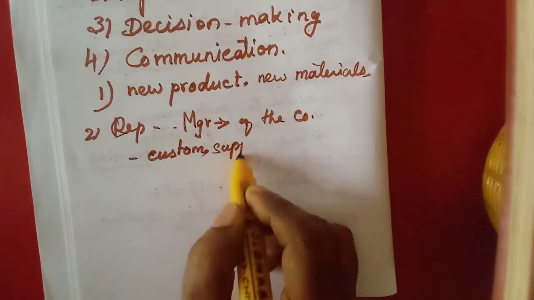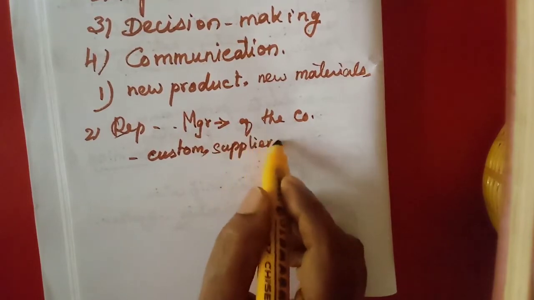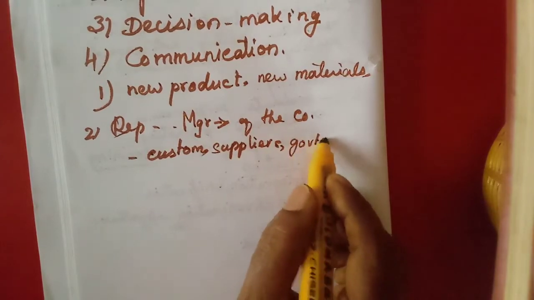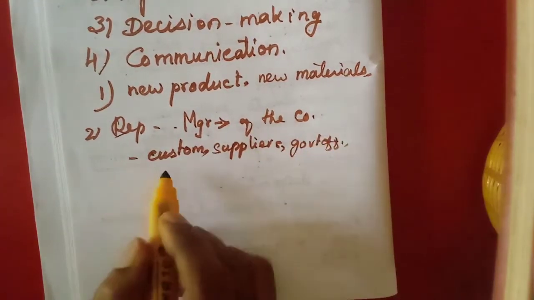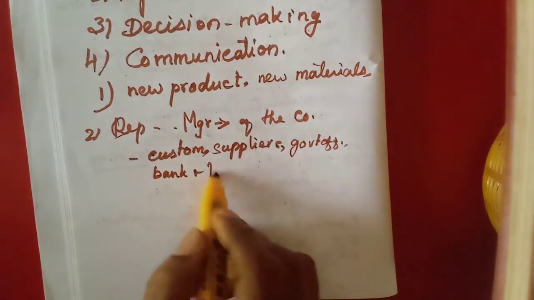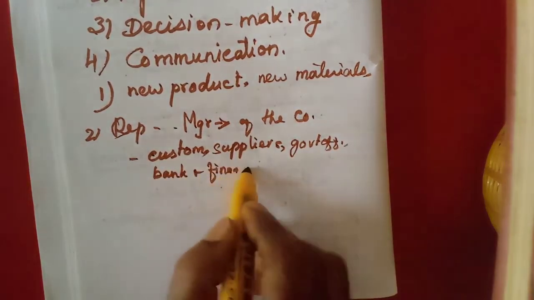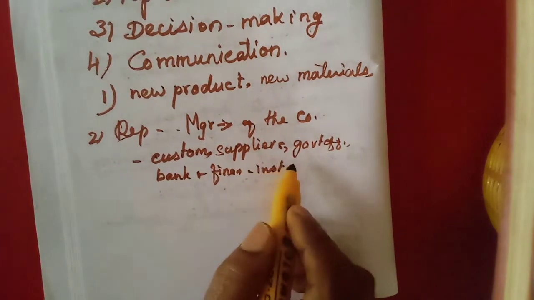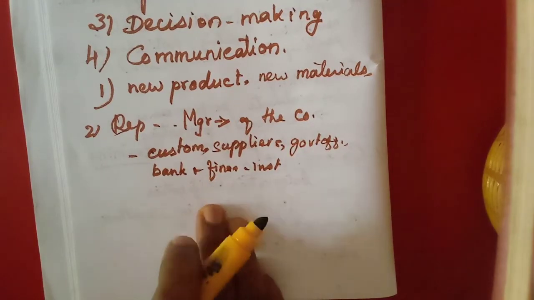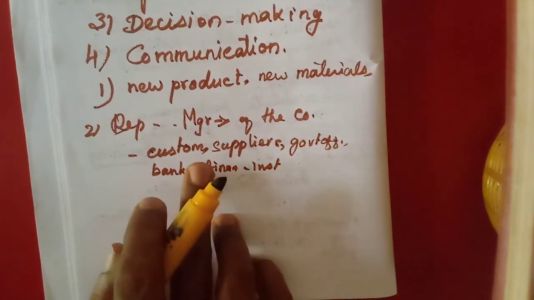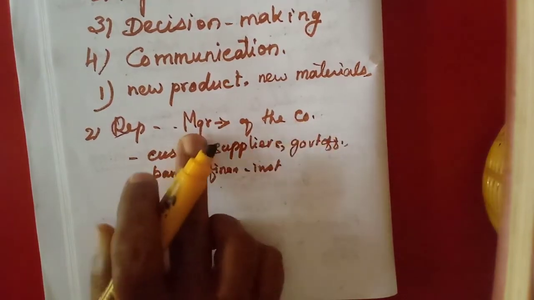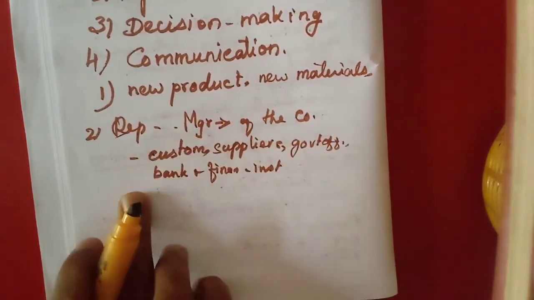Then we get goods from our suppliers, so he is the one having contact with the suppliers, or with government officials for tax purposes, or with banks and financial institutions for getting loans or financial assistance. So he is the representative of the company and has contact with all these people.